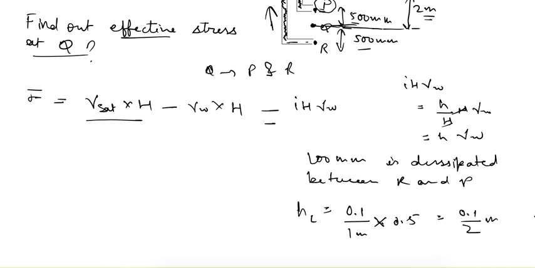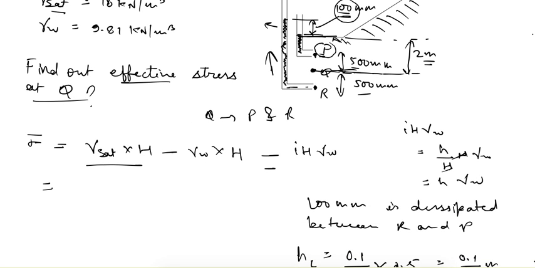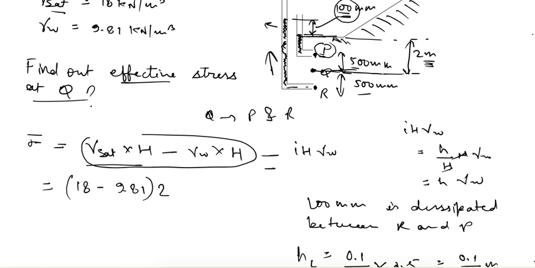Putting all these values here, we have been given the unit weights also. So we put all the values: gamma saturated, so here it can be written as 18 minus 9.81, into 2, that is 2 meter. For effective stress we can simply write this part as gamma submerged times the height.